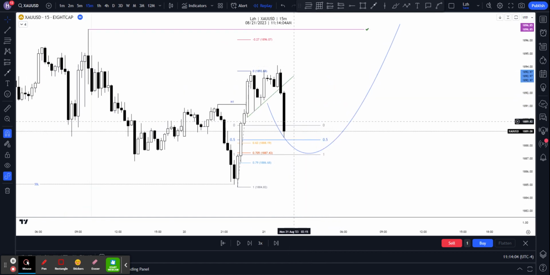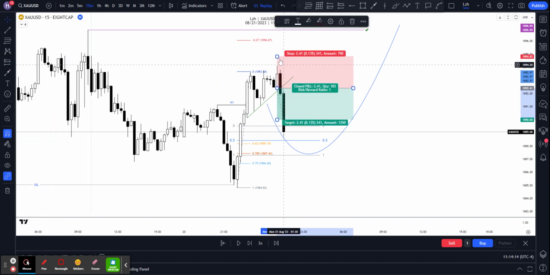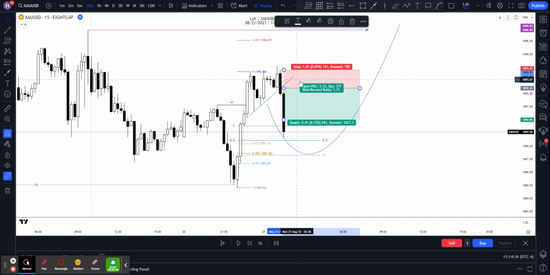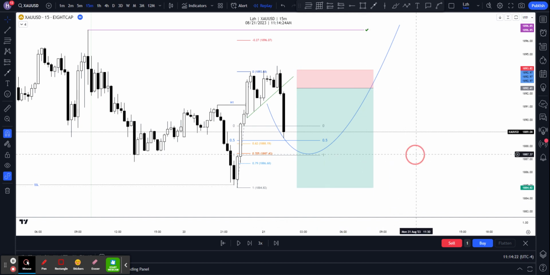So whoever is playing trend lines here will see that there's a break of this structure, and they will immediately look for a short, maybe based on the 3 bar, or I don't know what you call that, the supply zone, and take it all the way down to this TP over here.